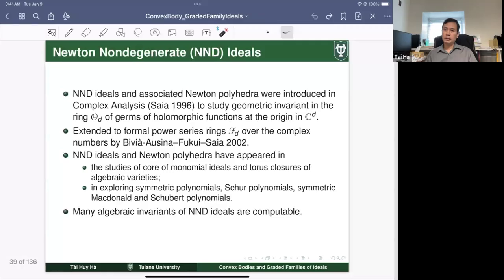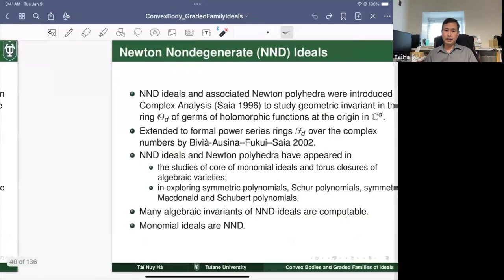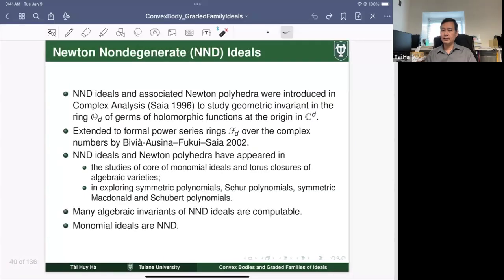For us, these ideals are interesting because many algebraic invariants of NND ideals are computable, and monomial ideals are NND. So particularly, this is a very natural generalization of monomial ideals.